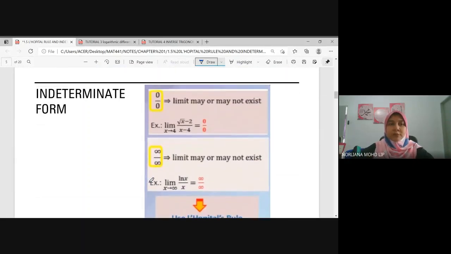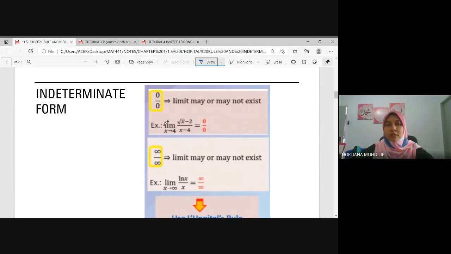In the indeterminate form, when we get the answer for the limit equal to 0 over 0, the limit may or may not exist. Or when we get the answer infinity over infinity, the limit also may or may not exist.